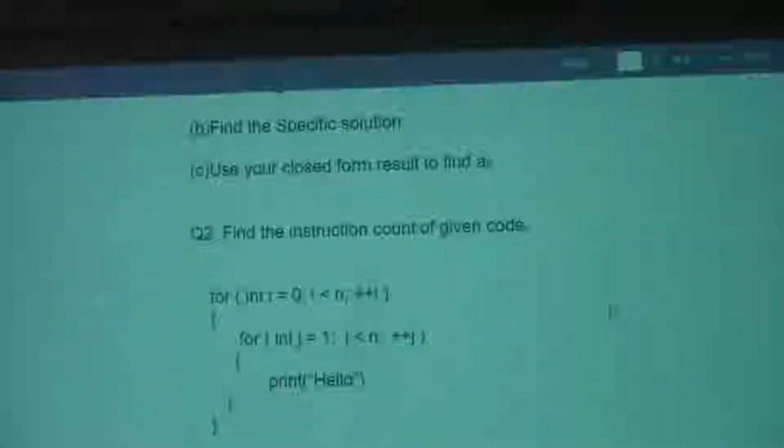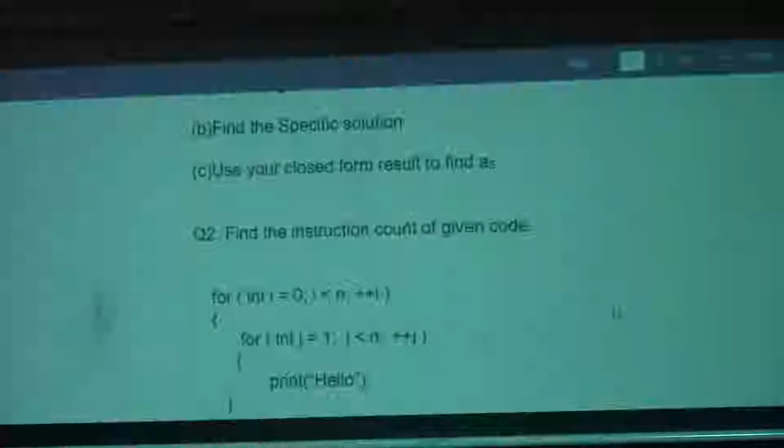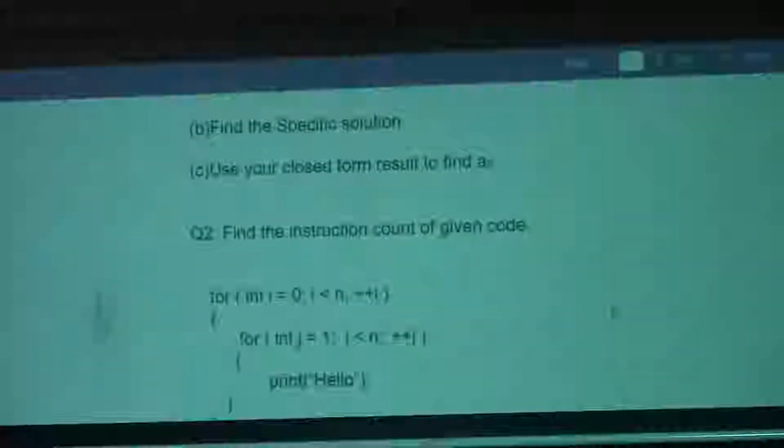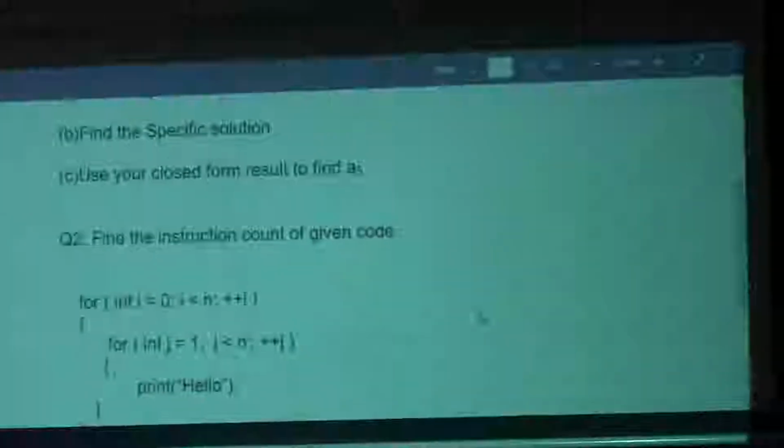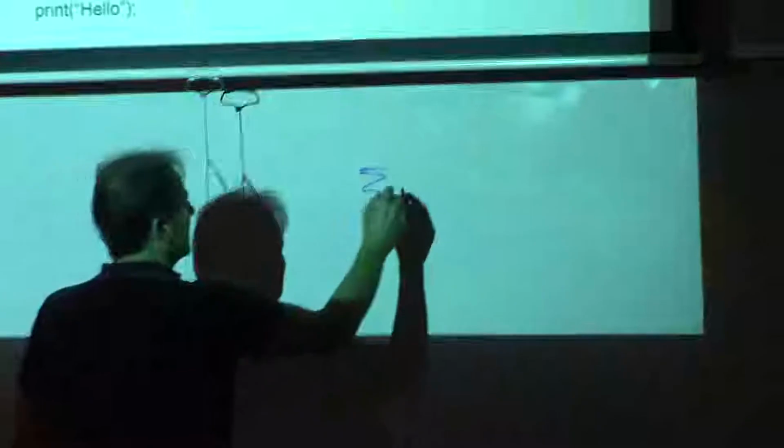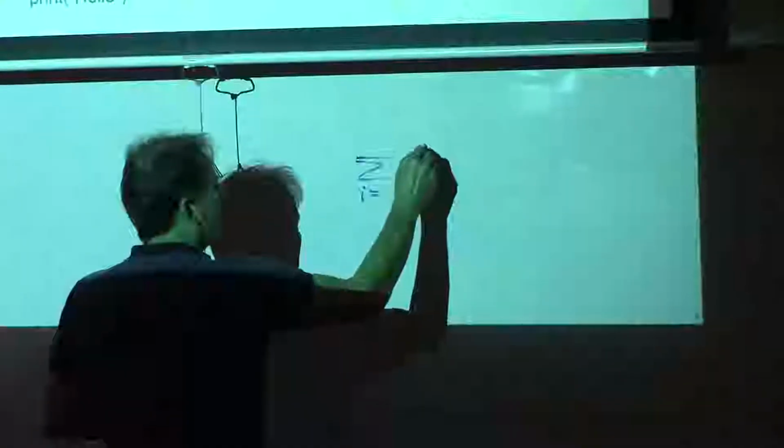So I thought I'd just show you, not so much that I want you to be able to solve this, I'll tell you how to solve it because it's not that difficult. So what we have is essentially the summation as i goes from 0 to n minus 1 of n to the i, correct? I think that's what we have.